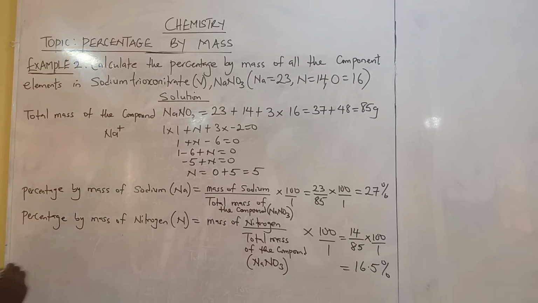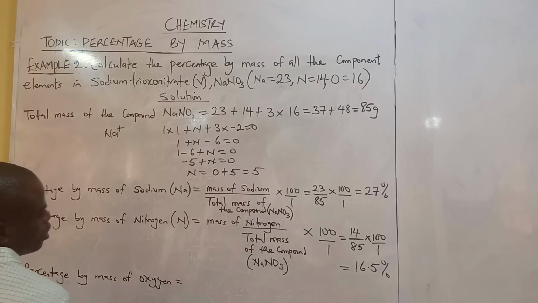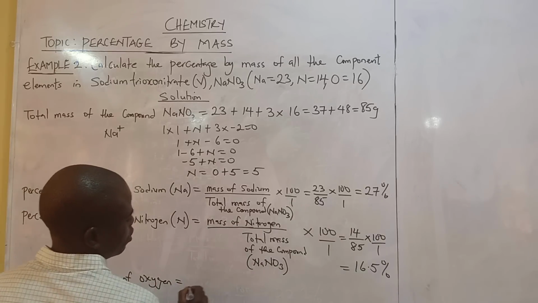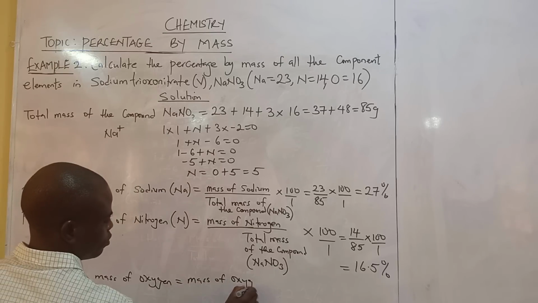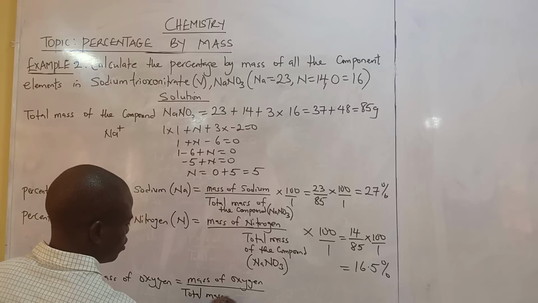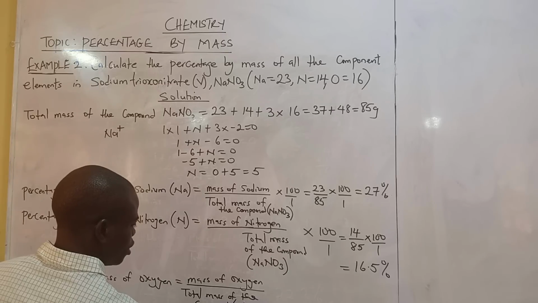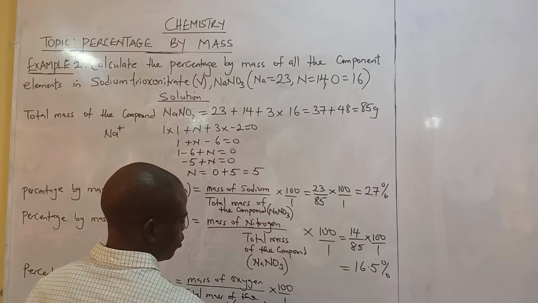Last one, percentage by mass of oxygen. By mass of oxygen, because mass of oxygen over total mass of the compound, which is NaNO3, times 100 over 1.